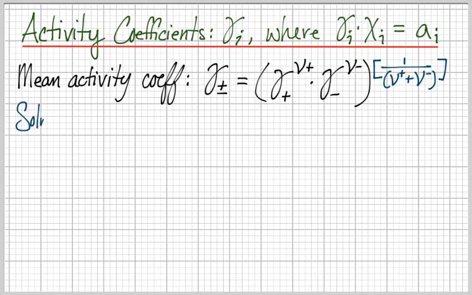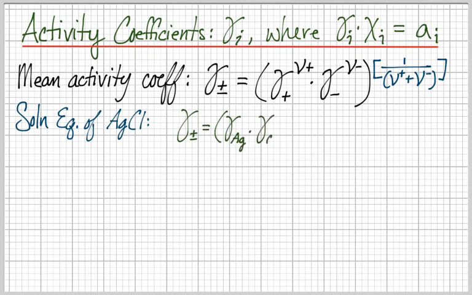So if I were to take a really simple system, a solution equilibrium of silver chloride. Okay, I'm going to take silver chloride salt, solid silver chloride. I'm going to dissolve it in water.